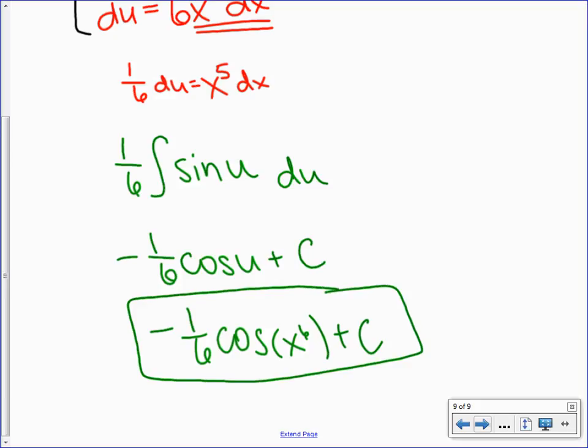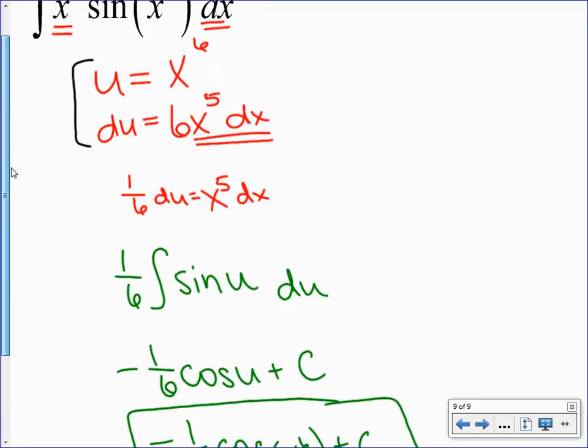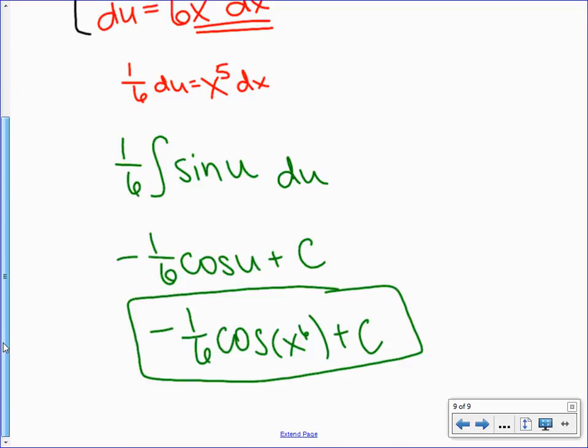How can you check to make sure you did the problem correctly? In the back of the book. Okay. In the case of homework, yes, you could look in the back of your book. But if it's like a quiz or test situation, take the derivative. The derivative of negative cosine would be a positive sine, times chain rule, 6x to the 5th. We would get back to the same place.